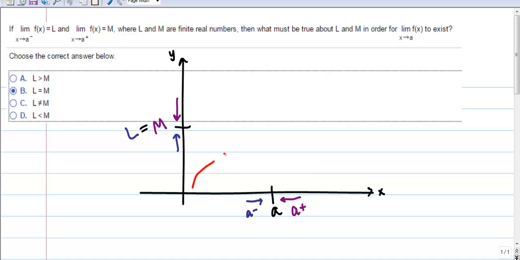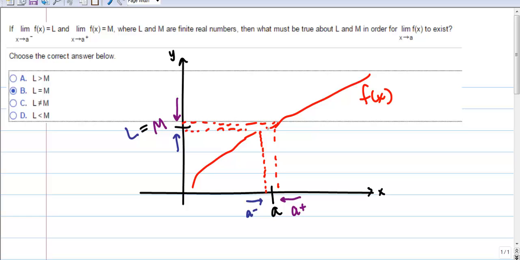So as the graph of f approaches this way and this way, so this is my f of x, guys, it's horrible. But as I get closer and closer to a from the left, and closer and closer to a from the right, these values need to be going towards each other. I don't care if there's a hole there or not.